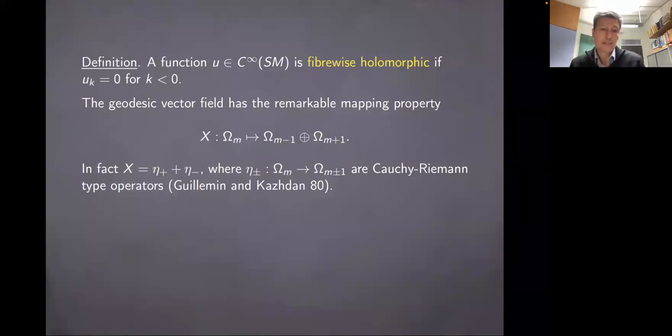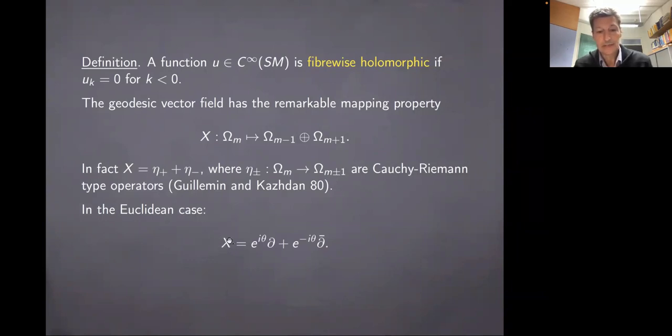So you have this very nice way of looking at the geodesic vector field as the sum of two Cauchy-Riemann type operators. Just as a quick example, in the flat case it is a very easy exercise.